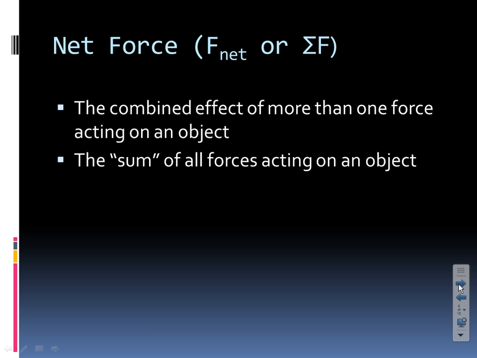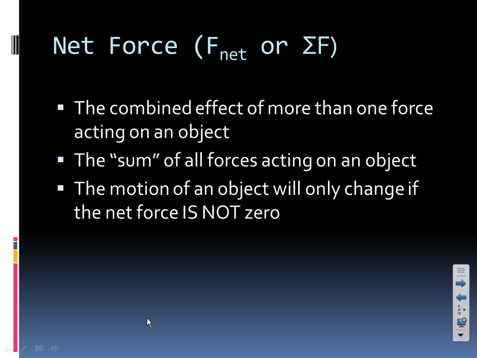So that's the idea behind the net force, okay? The motion of an object will only change if the net force is not 0. Here, as I hold this ball, my hand pushing up on it just as much as gravity is pulling down on it. The net force is 0.